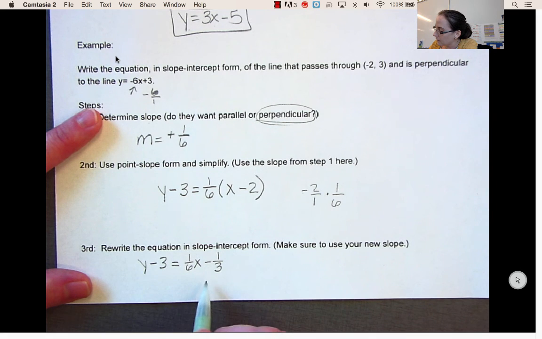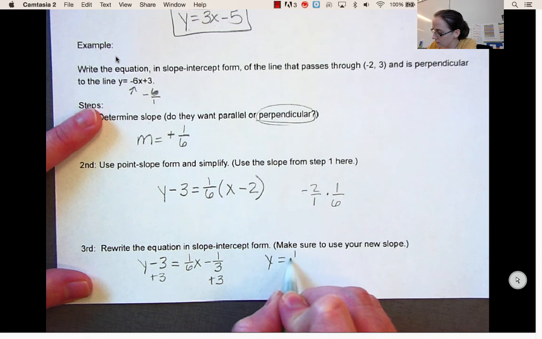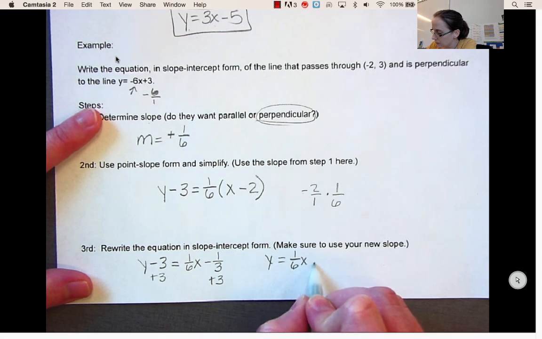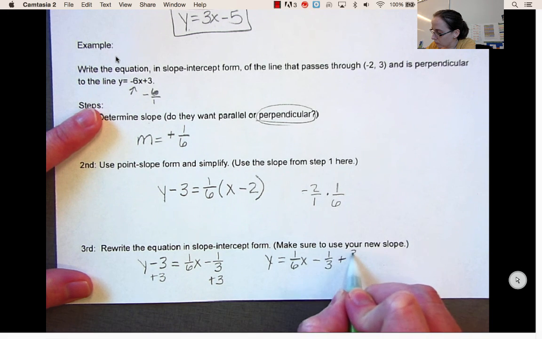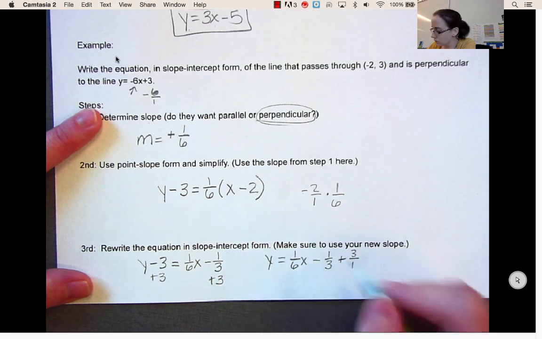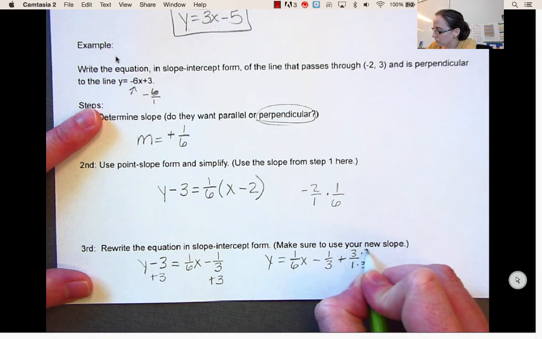Okay, so we bring over the 3, plus 3, plus 3. Now 3 can be written as 3/1, so I have y equals 1/6x minus 1/3 plus, I'm going to write 3/1. Let's change this one to a common denominator, times 3, times 3.